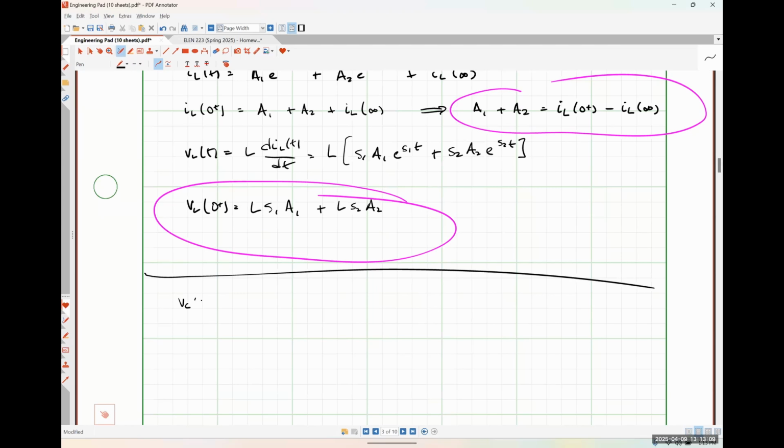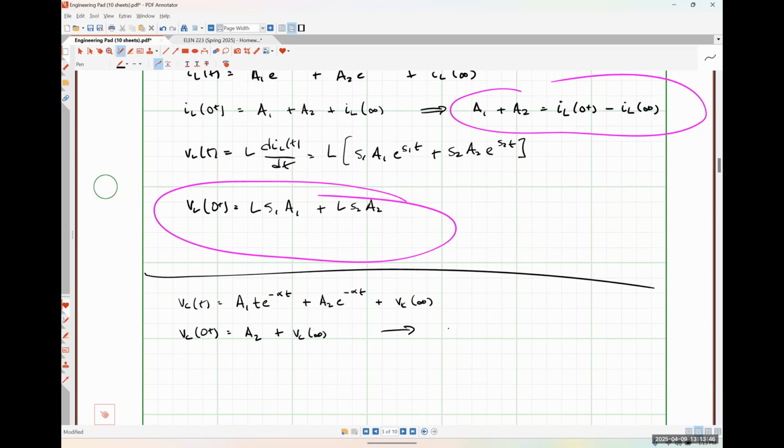So if we say that VC is A1 t e to the negative alpha t plus A2 e to the negative alpha t plus VC at infinity, then VC at 0 plus is going to look like A2 plus VC at infinity, since A1 times 0 makes that first term go to 0, and e to the negative alpha 0 is just 1.